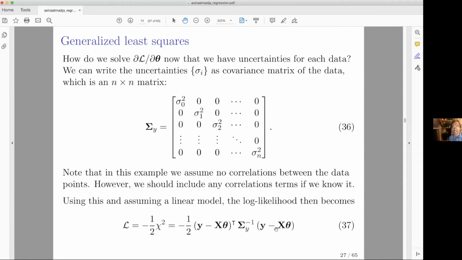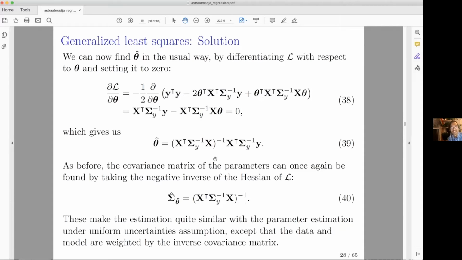We've seen this before, yesterday. Okay, so then we can solve for the maximum likelihood parameters. It's just like this, the same as previously, but now there's this term in the middle between the model matrix transpose and the model matrix. There is a weighting term here.